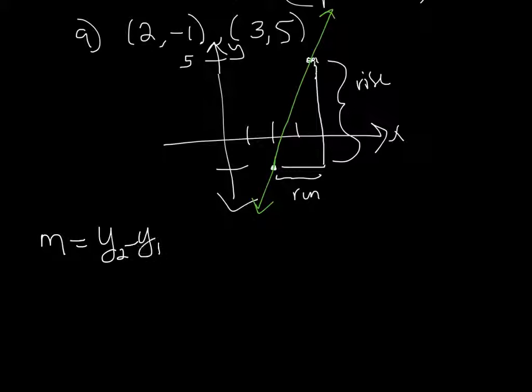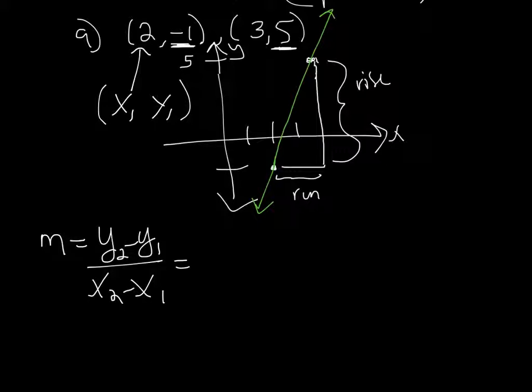y2 minus y1 over x2 minus x1. This is our y2, the 5, minus y1. If you want to label these, this is x1, y1, and this guy is x2, y2. If that's too cumbersome, sorry about that. So y2, 5, minus y1, minus a -1.